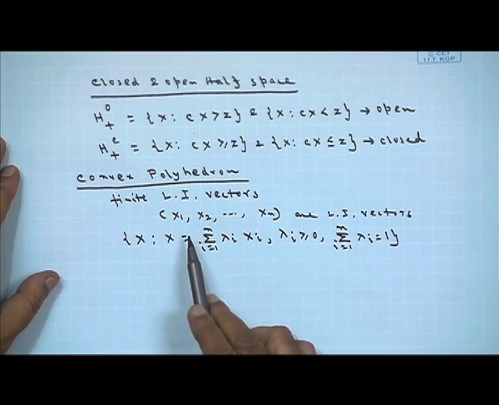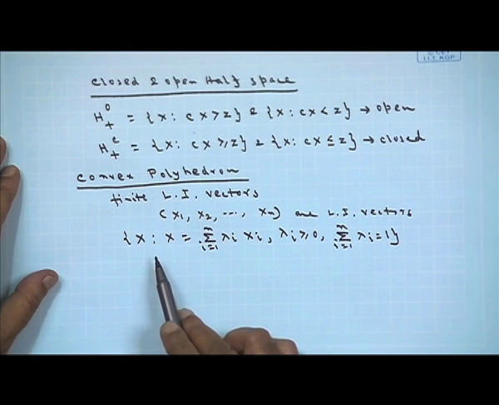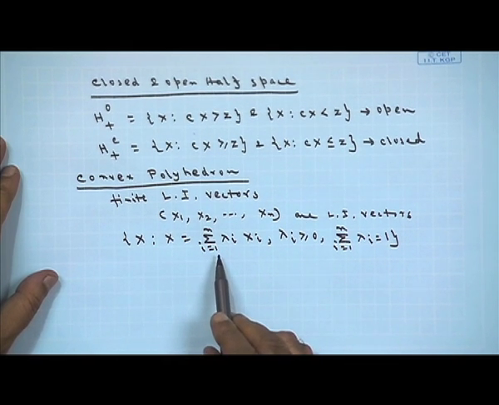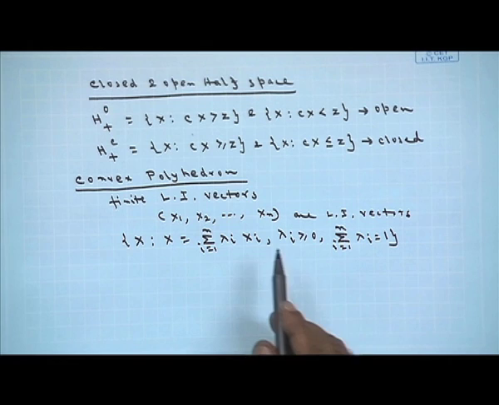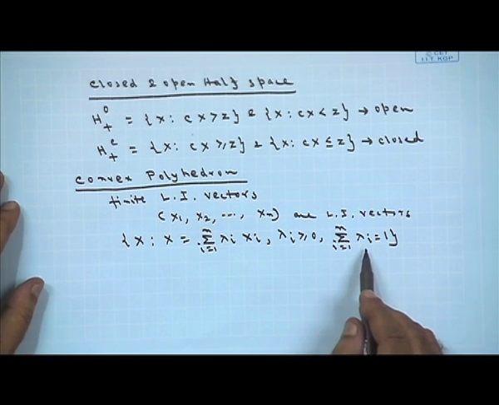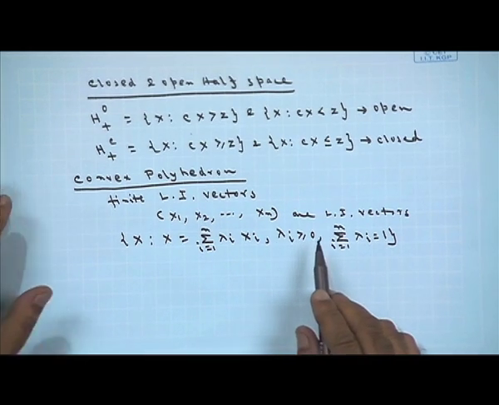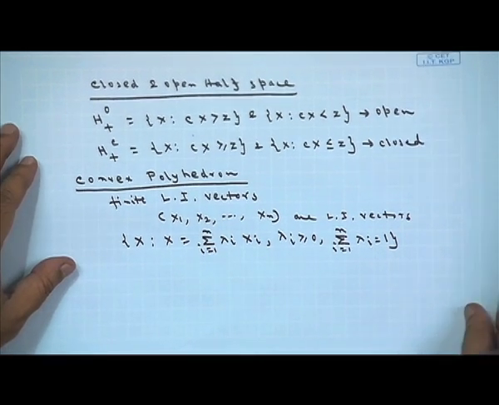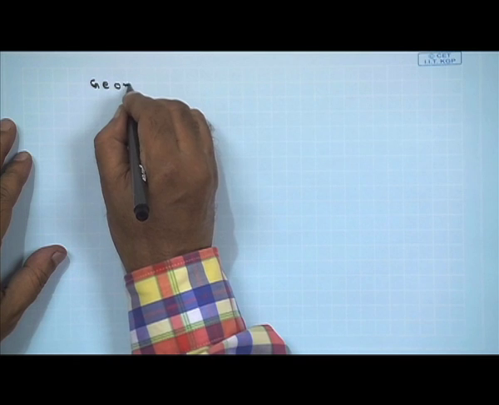So, if you have the linearly independent set of vectors x1, x2, ..., xn, and we can find a set x such that x equals summation i equals 1 to n lambda i xi, with lambda i greater than or equal to 0 and summation of all these scalars lambda i equals 1, this will form one convex polyhedron. So, now you see the geometry of LPP.